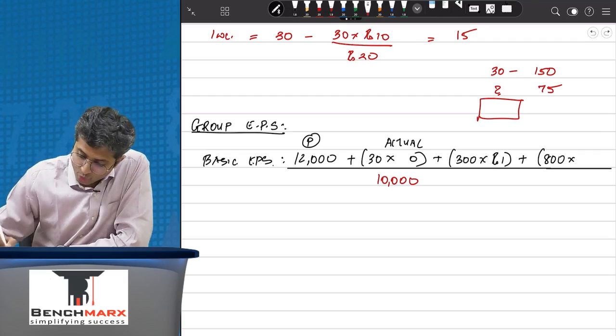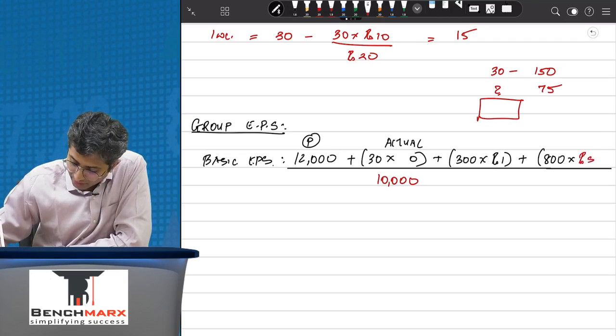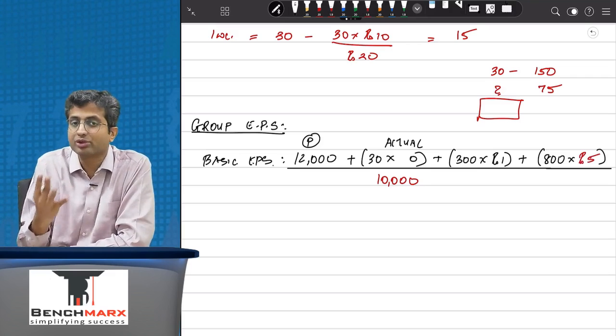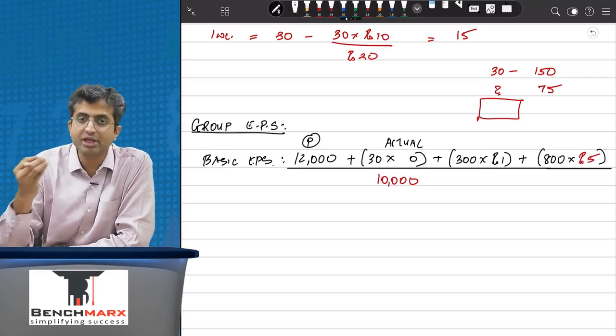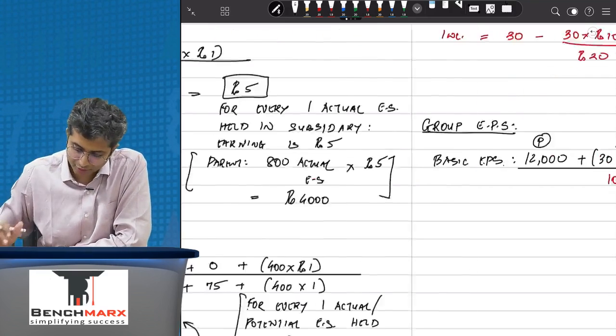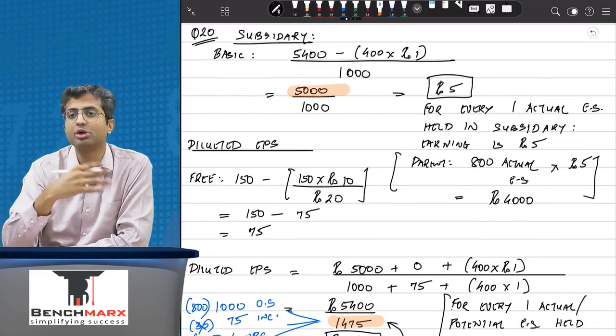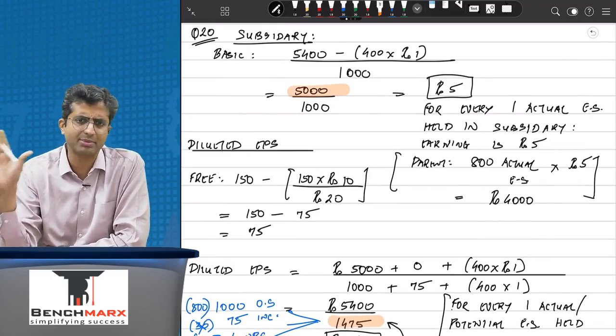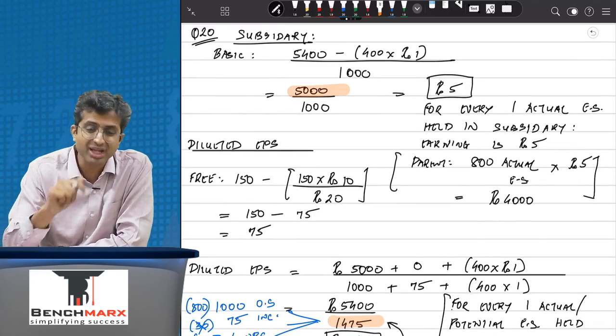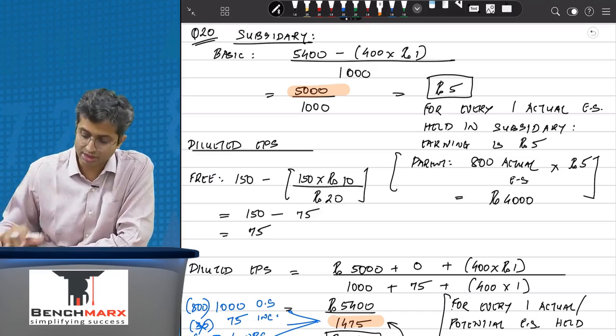So in my group EPS, I will take 4,000 of profit of the subsidiary to be consolidated. 5,000 is the profit of the subsidiary, as you can see over here. Out of this 5,000 profit attributable to subsidiary shareholders, 20% is held by someone else, which we are not taking, but the remaining 80% is held by us, which has to be consolidated.